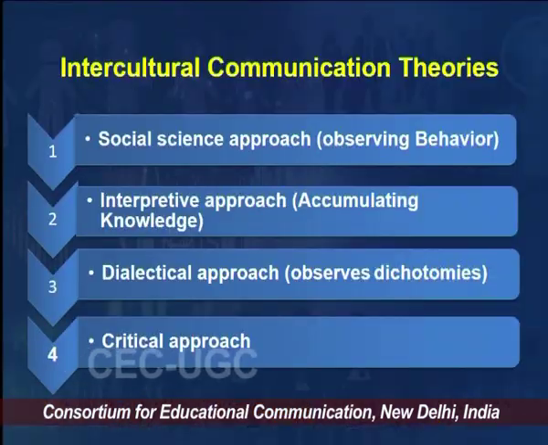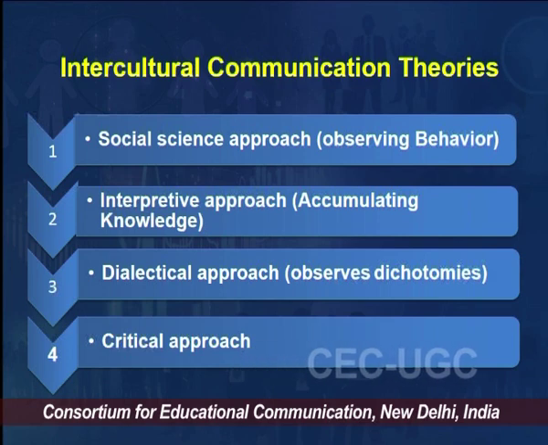The second is the interpretive approach. In the interpretive approach, what happens? People try to gather knowledge, not just observation, but the actual written material, the text, the literature about the culture of the other person or other group of people, and then interpret that in your own sense, right?